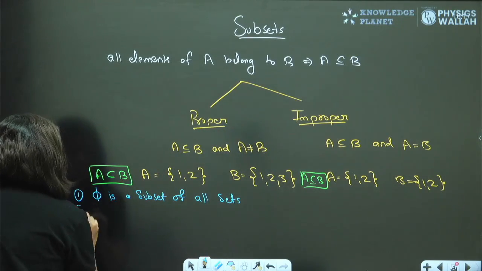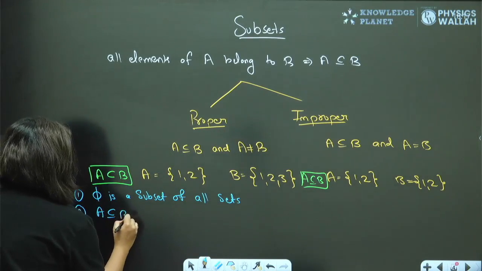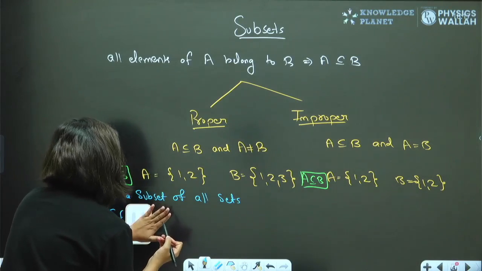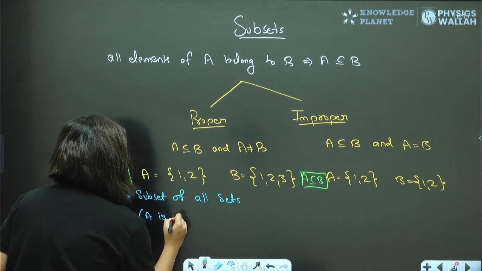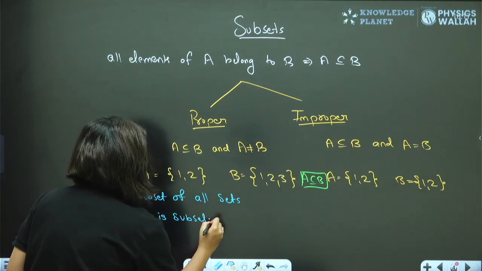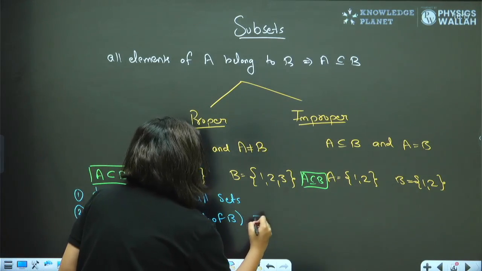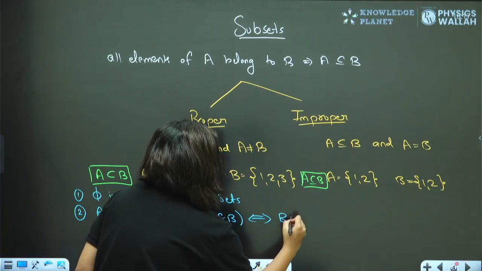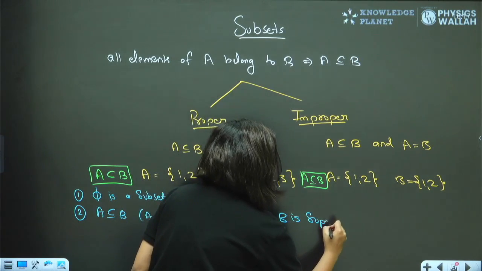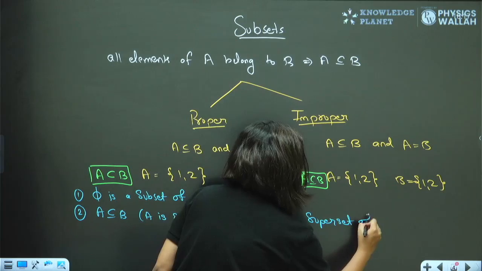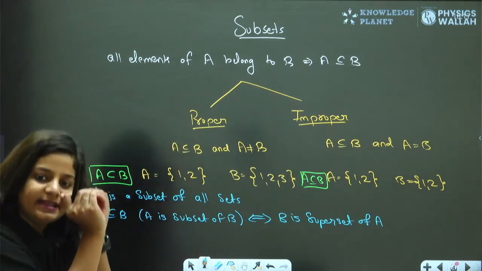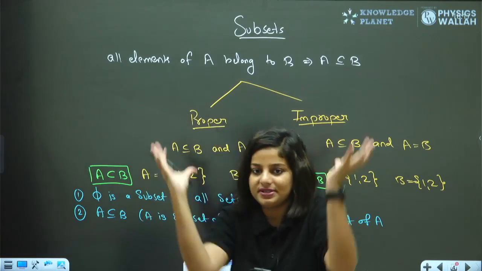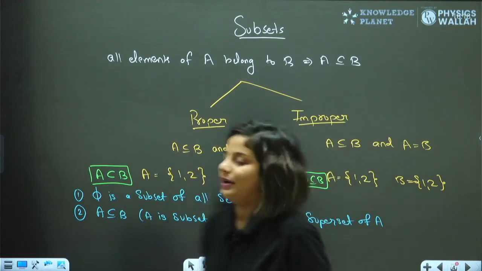Second, if A is a subset of B, it also means B is a superset of A. B is the bigger set. So B will be the superset and A will be the subset: subset smaller, superset the larger one.